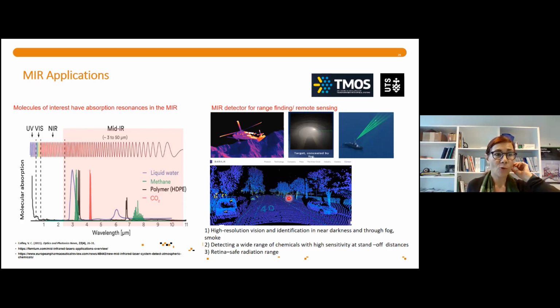And why mid-infrared? Infrared is beneficial in being able to see through some level of fog or smoke, and the infrared tends to be retina safe, which is another important thing that you wouldn't be able to do with a visible laser. Shooting a laser all around with people walking around would be a very big hazard. So there's quite a lot of interest in mid-infrared.